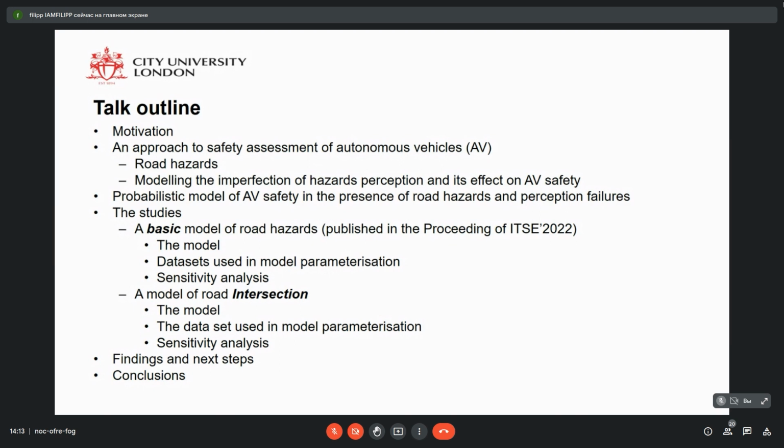And the second one, which is still work in progress, we are yet to finalize and complete it, and possibly there will be a further publication, is on a more detailed model, where we are taking into account the fact that on the roads you have intersections, and then you have intervals on the roads between these intersections, and taking into account this topology of the roads gives you additional details.